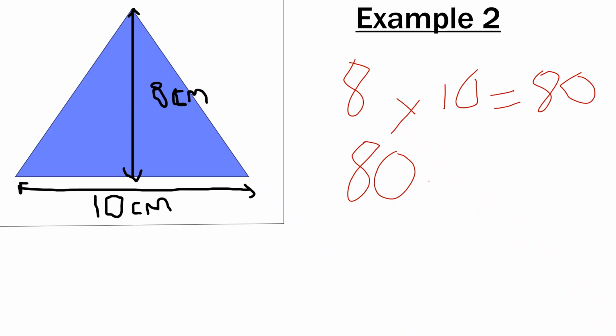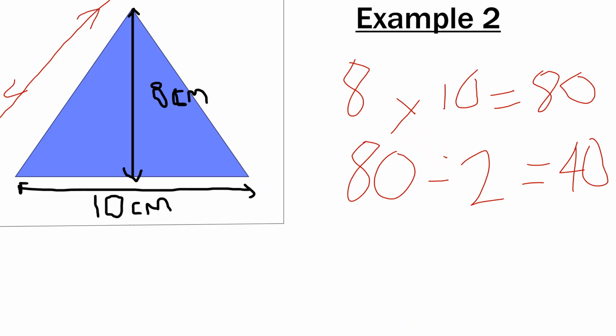So that's why we divide by 2, which equals 40. Sometimes in tests they'll give you a measurement on the right side of the triangle going down here, like 7 centimeters, 6 centimeters or something. Just ignore that part and just do the perpendicular length, which is this one.